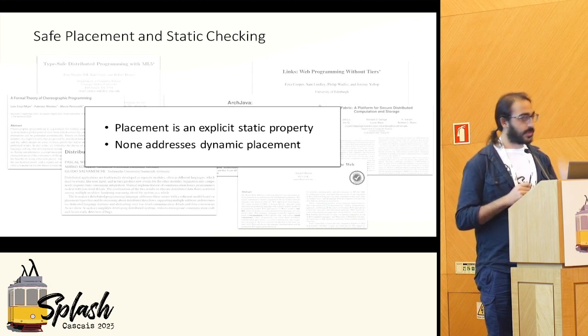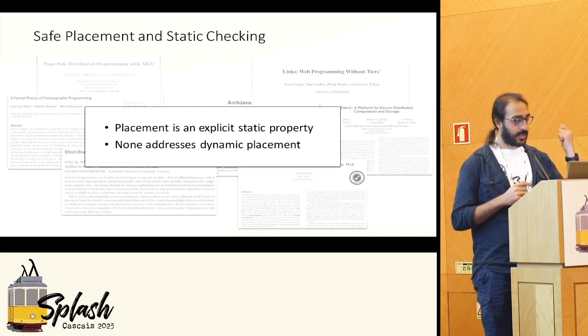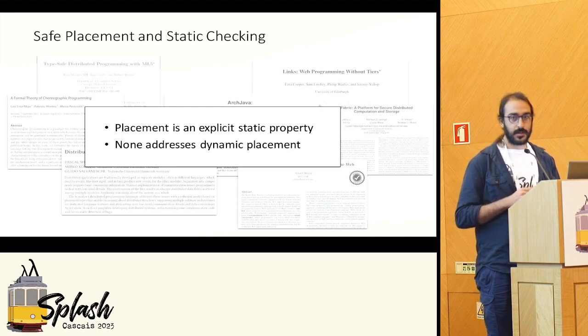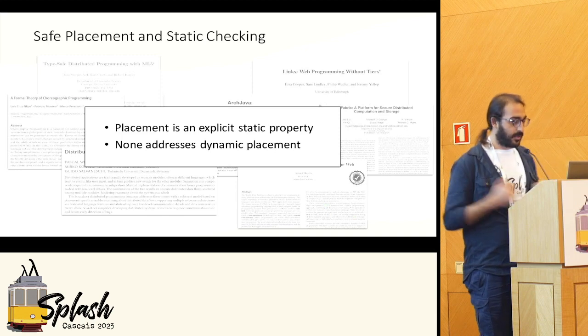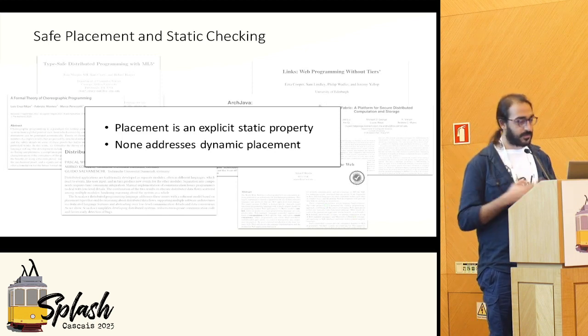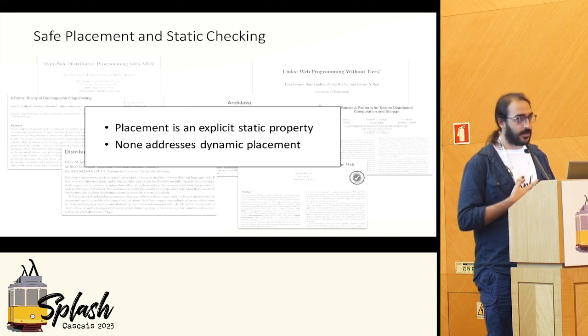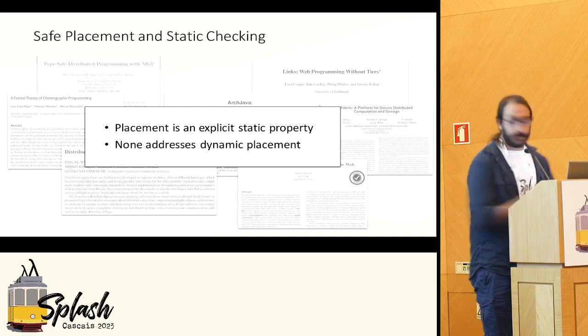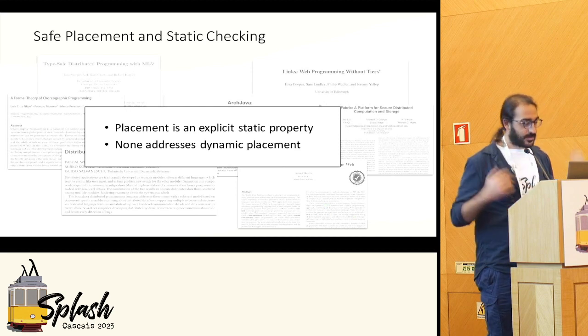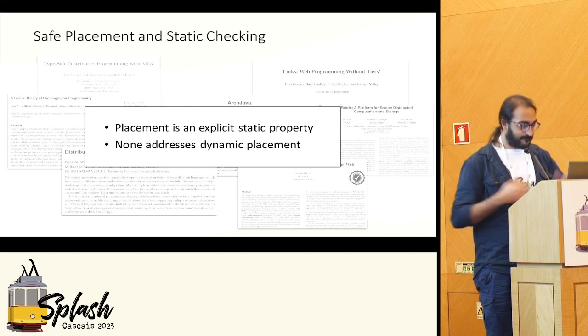Once you have statically decided the placement of a resource, it is set. It cannot necessarily change anymore, which means you don't have uncertainty in the placement. So dynamic placement is not solved by these approaches. Good for us, because that's a project.